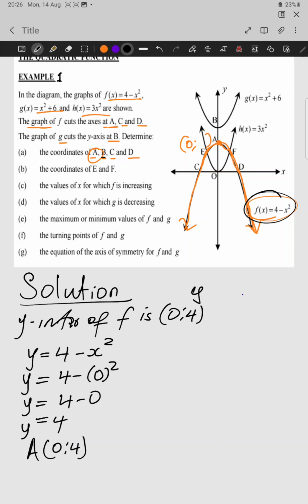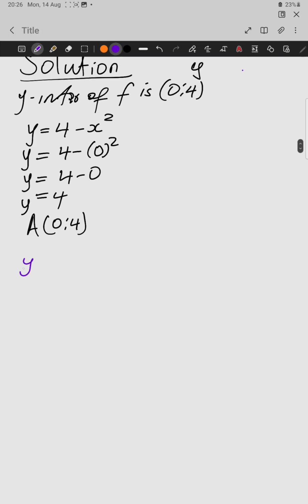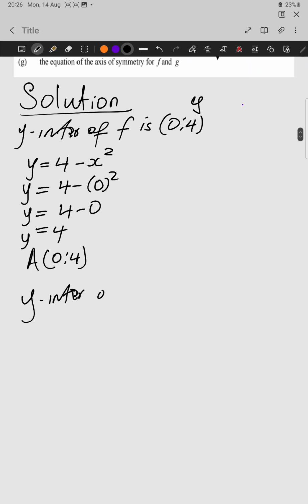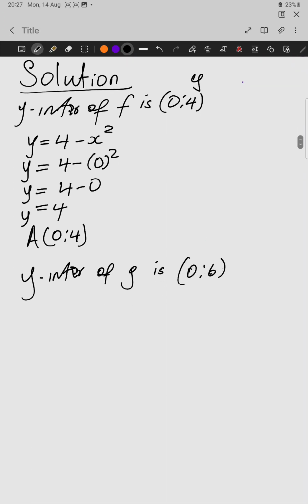Now we go over to b. B is on this graph over here, which is this one. Again b is the y-intercept, so I'm going to use that equation. So again, for the y-intercept, the y-intercept of g should be 0, 6, but we need to work it out and see.